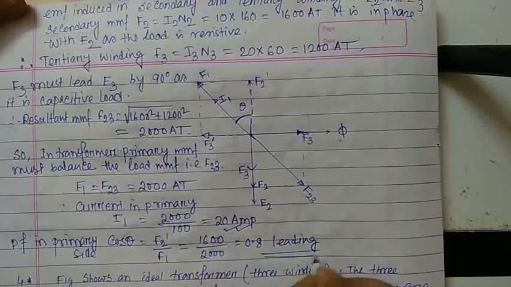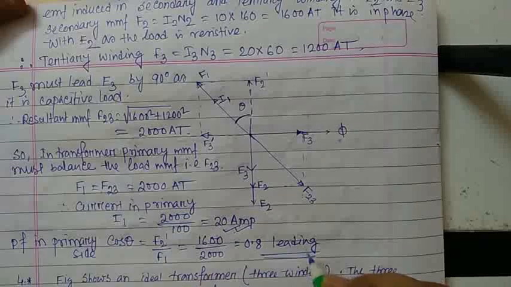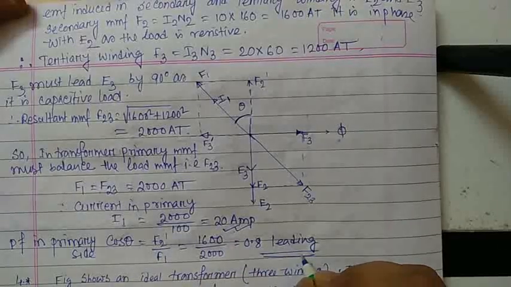So the primary current is 20 ampere and the power factor is 0.8 leading.